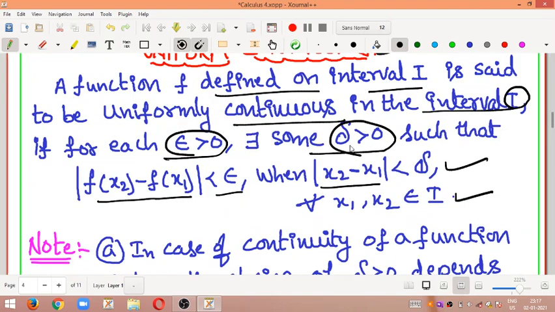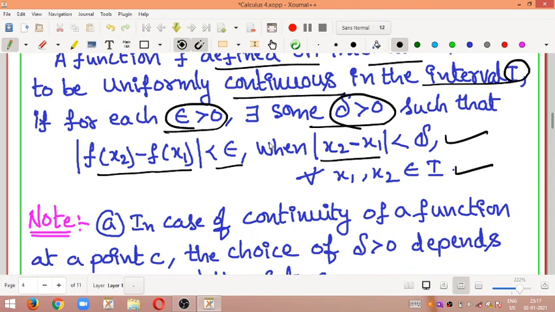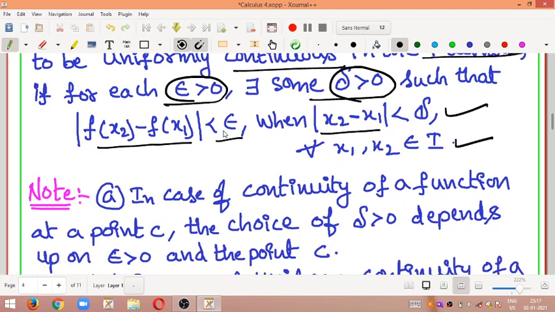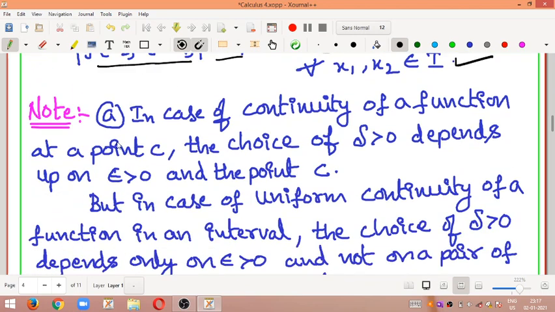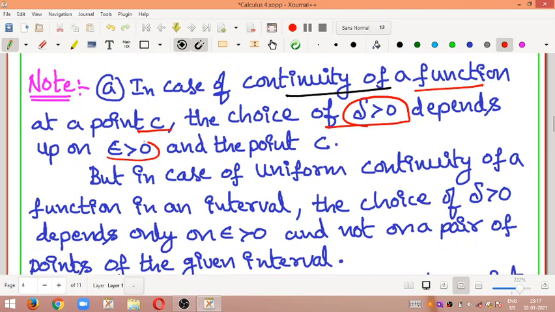Here this delta depends upon epsilon. So based on that, there are two key points. First point, in the case of continuity of a function at a point c, the choice of delta greater than 0 depends on epsilon greater than 0 and the point c.